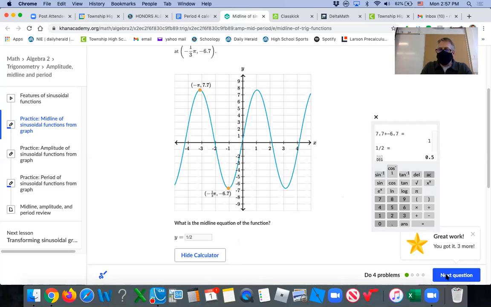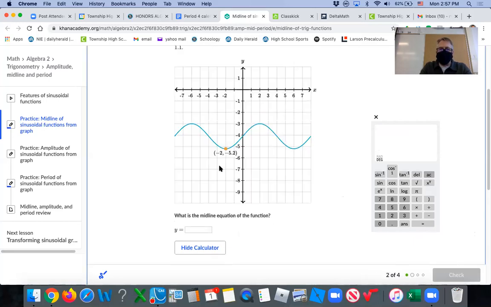Okay, let's try another one here. Now this one, I can see that the bottom is at negative 5.2 and the top is at negative 3. So what number is right in between negative 5.2 and negative 3? Doing this in our head here, it's a distance of 2.2.